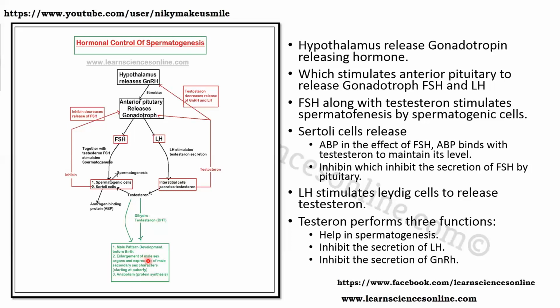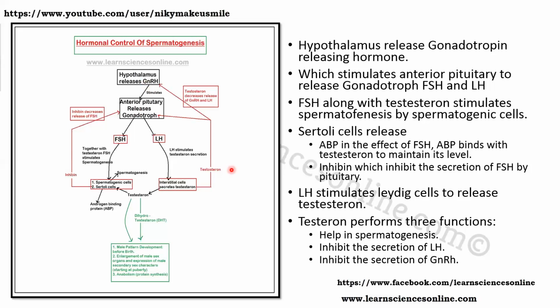Okay, clear? Then next is negative feedback. What is negative feedback? Negative feedback is the mechanism of hormonal control in which they reduce or inhibit the secretion of some hormones. So testosterone and inhibin are two hormones which follow the negative feedback mechanism by reducing the secretion of the pituitary and of the hypothalamus.